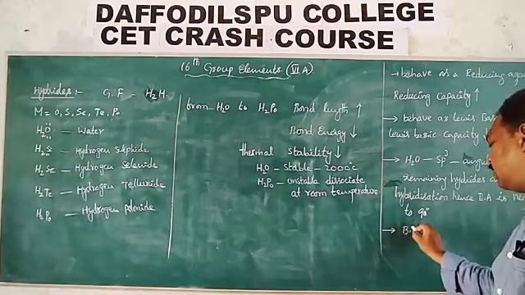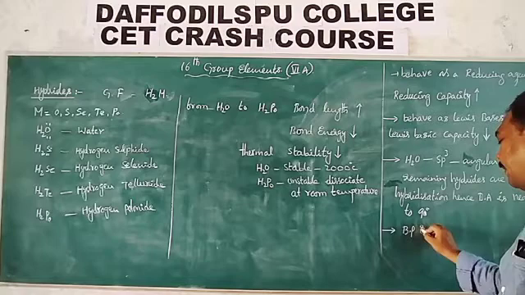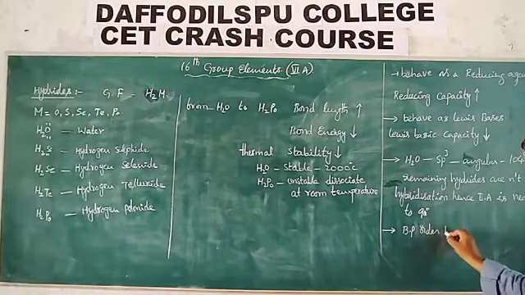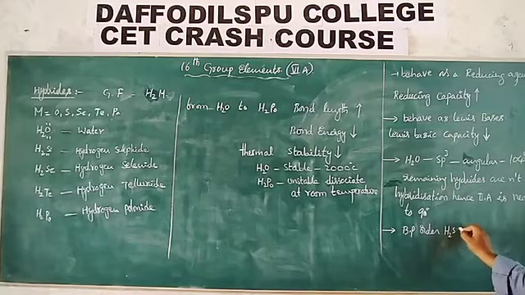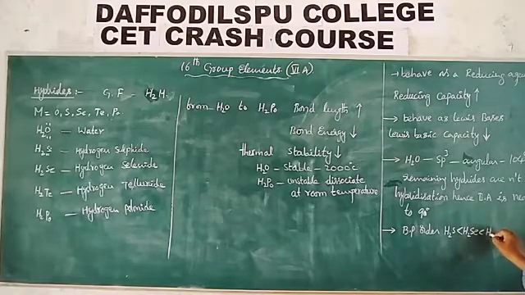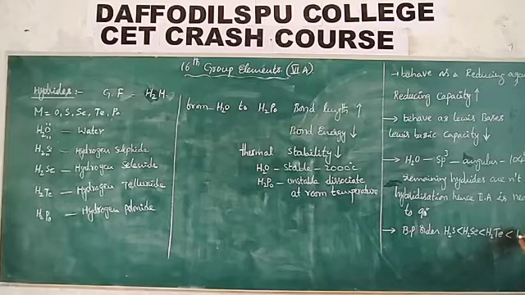Boiling points order: H2S less than H2Se less than H2Te less than H2O.